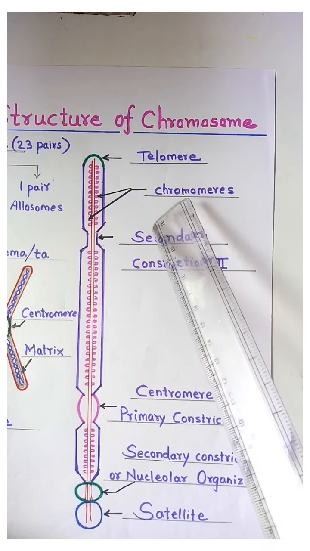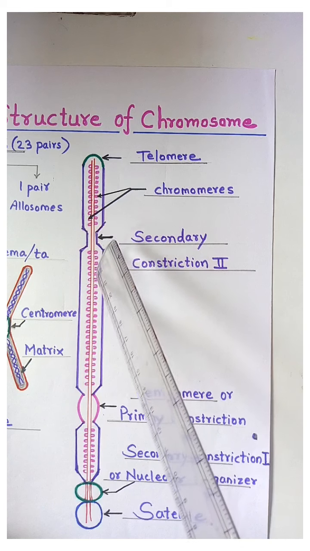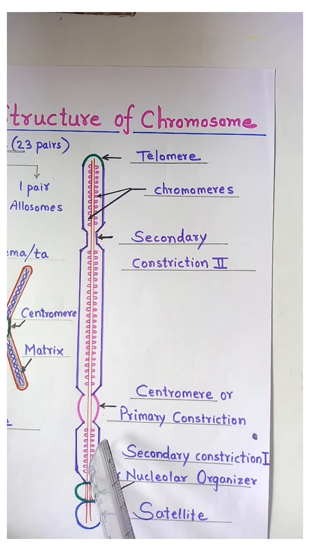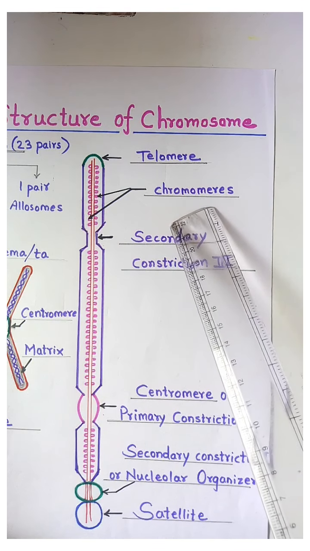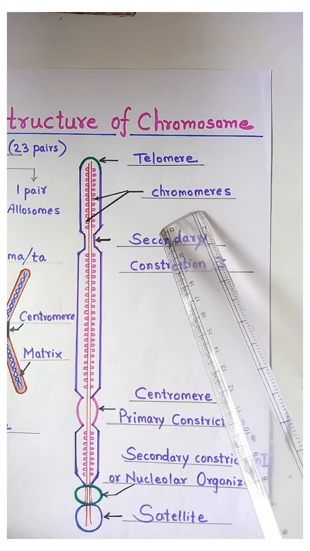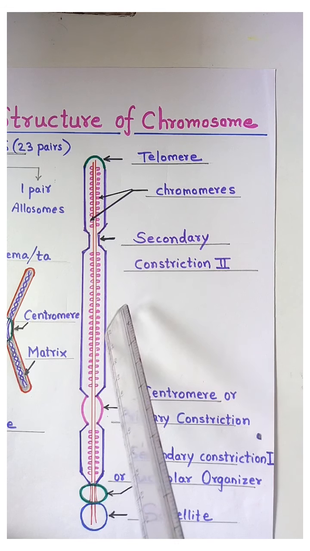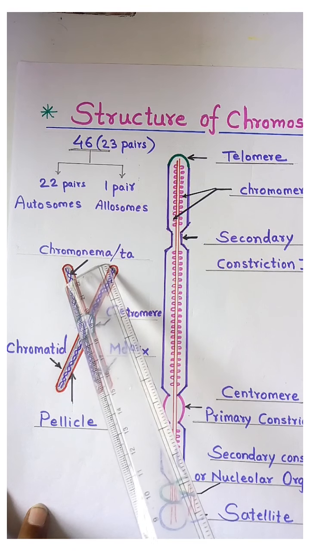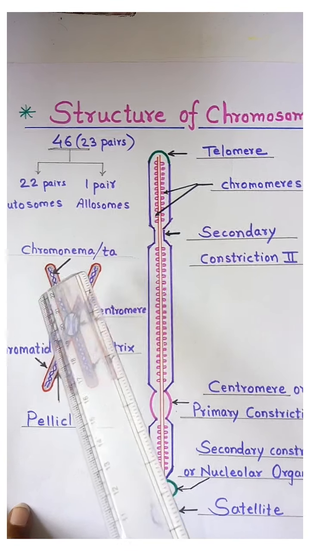Chromomeres are nothing but a group of bead-like granules. All these group of bead-like granules which are present on chromonemata are called chromomeres, or chromomeres are the regions of highly superimposed coils, whereas chromonema can also be called the gene bearing portion of chromosome.